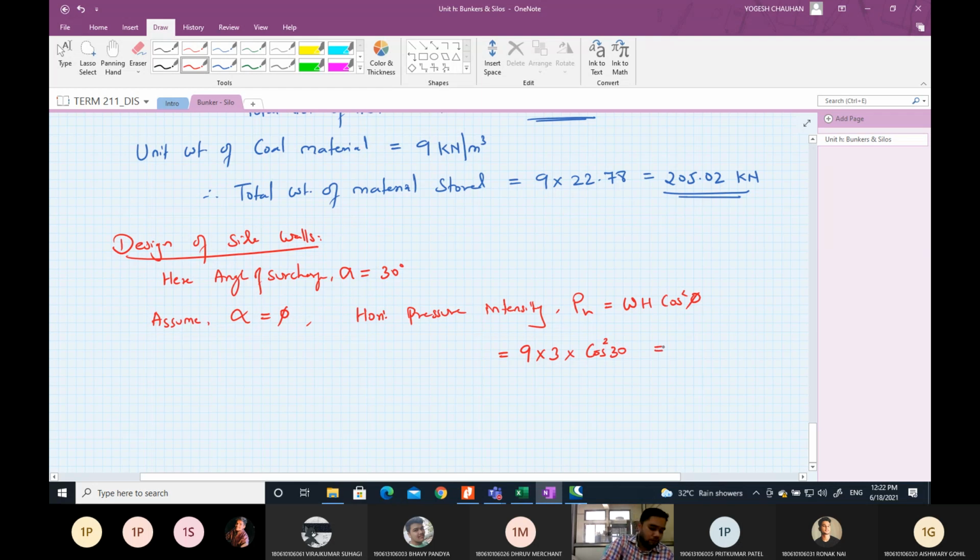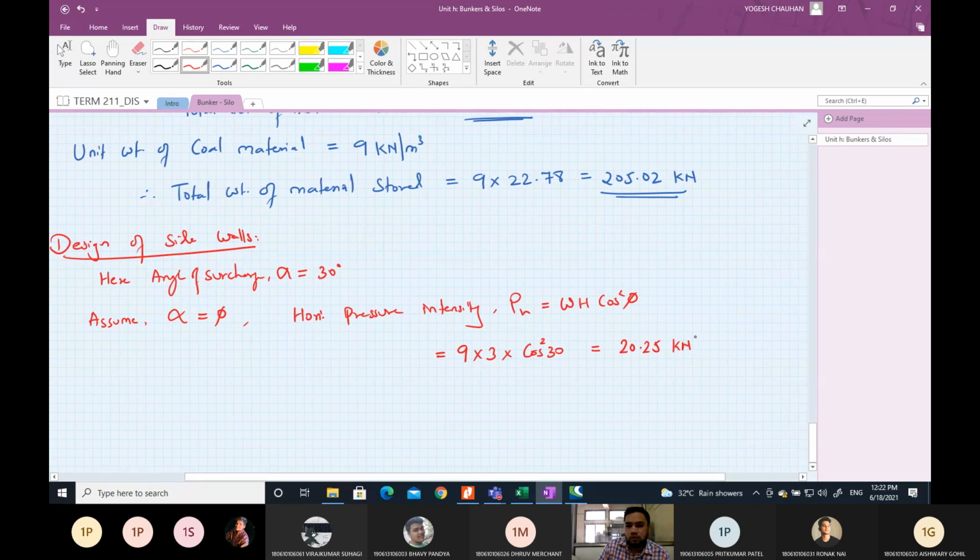So this will be 20.25 kilonewton per meter square.